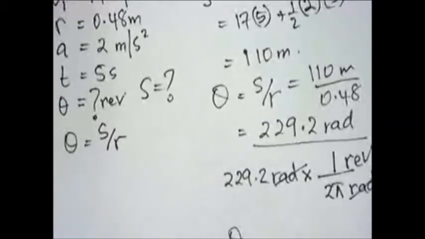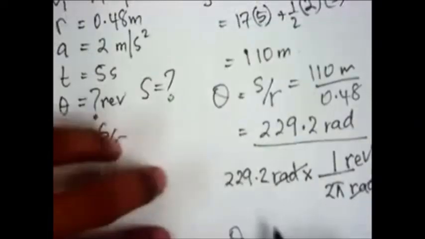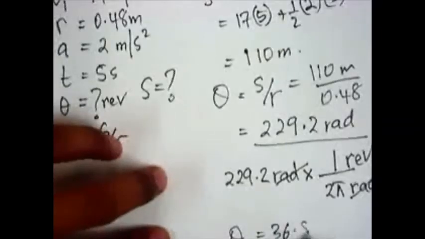So 229.2 divided by 2 pi gives you about 36.5 revolutions.